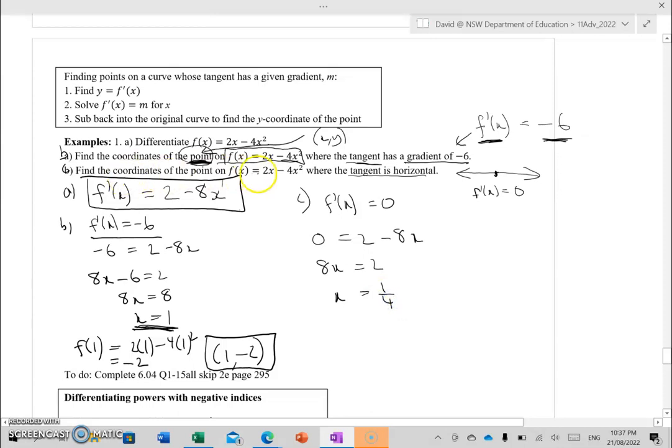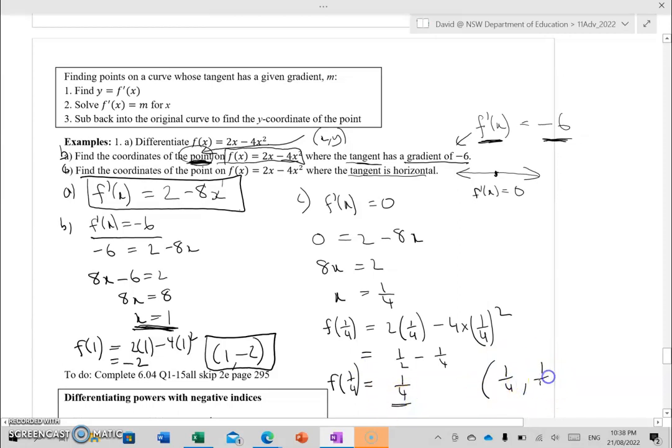Okay, and then we're going to substitute back into the rule to work out the y value, just like we did in the previous question. So 2 times a quarter minus 4 times a quarter squared. Okay, now let me think, that's a half minus a quarter, which is a quarter. So therefore, the point that we're after, the x value is a quarter, and the y value is also a quarter. So at a quarter, the tangent is horizontal for this particular function, okay?